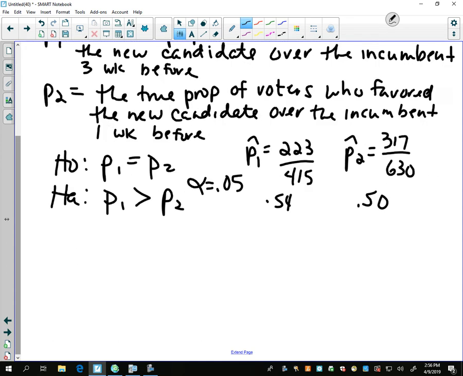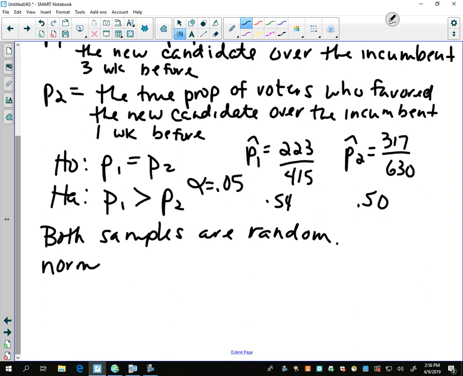Okay, and now we want to go through the conditions. So again, the SRS: both samples are random. Normality, like I said, a lot of times the normality condition is that you're going to want to say n1 p hat 1 is greater than or equal to 10, n1 q hat 1 is greater than or equal to 10.